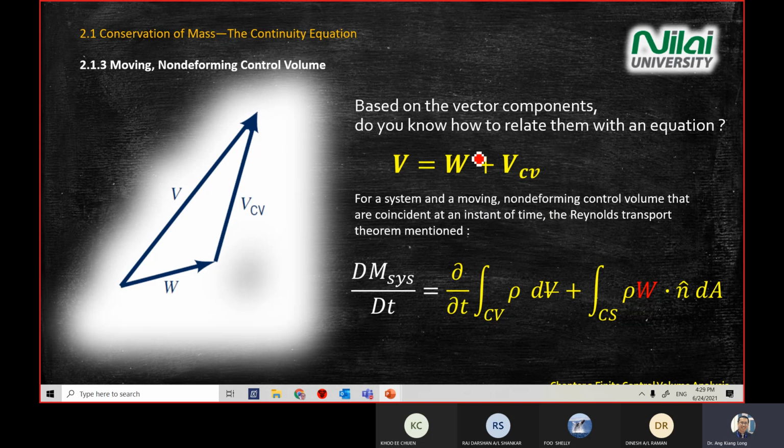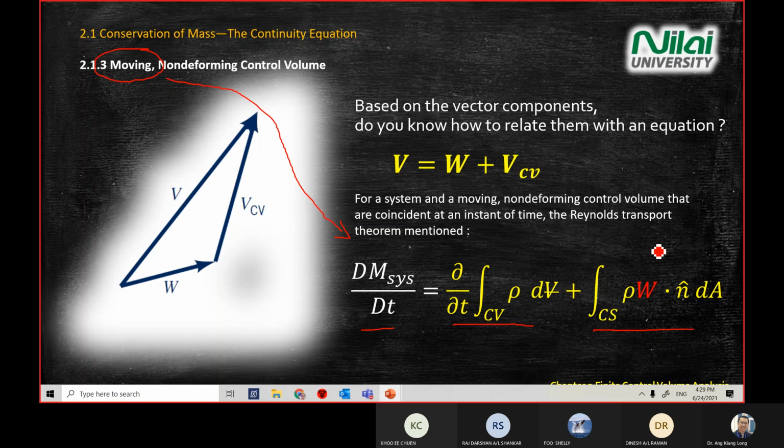Then what changes when you deal with a moving control volume? What will happen to your continuity equation? If you study the equation on your screen here, the left hand side, the system and the control volume, will be the same.